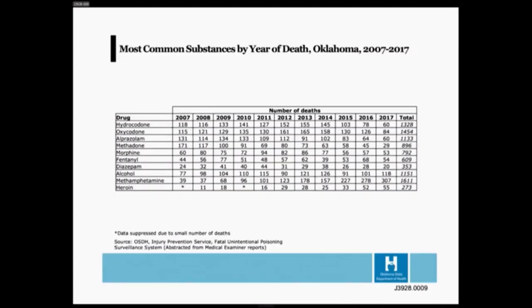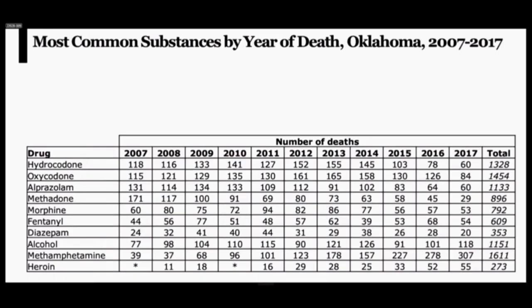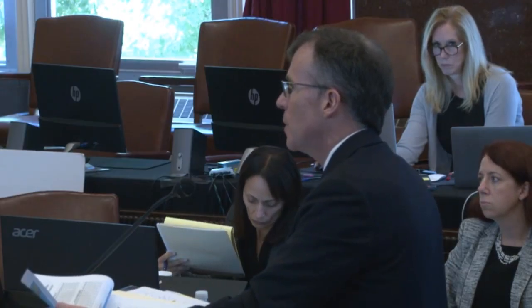You say page 9? Page 9, correct? It's most common substances by year of death, Oklahoma, 2007 to 2017. You there? Yes, I am. And you heard testimony, I believe, from Ms. Nguyen regarding this chart, right? I did. And I don't know if you were here or not when Dr. Pfeiffer was questioned about this chart.